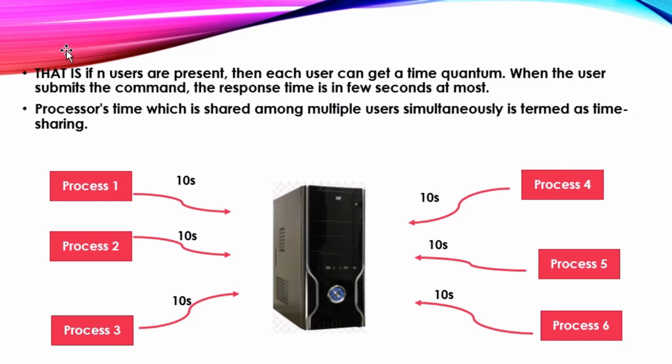That is, if n users are present, then each user can get a given time quantum. When the user submits a command, the response time is a few seconds at most. The processor's time, which is shared among multiple users simultaneously, is what is termed time sharing.